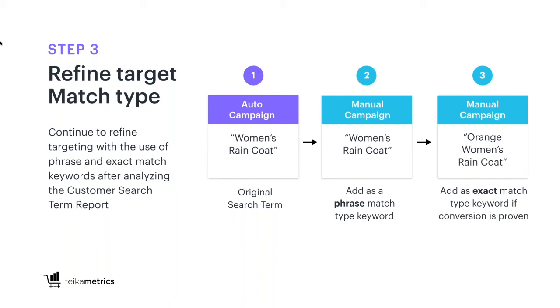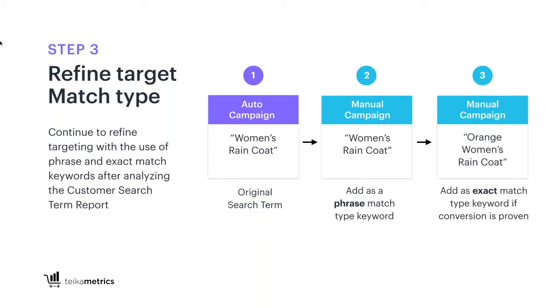Once you move from automatic to manual, the work is never going to stop there, right? You're always going to find new opportunities to refine your keyword match types, because of the power of the search term report. You really want to capture what the customer is actually searching and then use that to create new keywords. The example here: you start at the automatic campaign level.